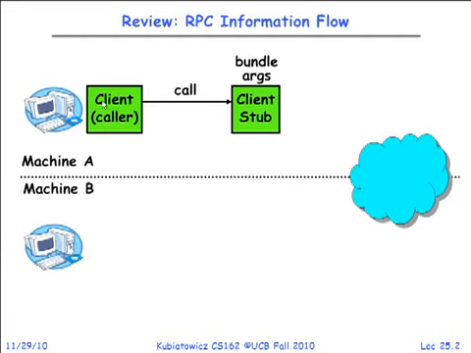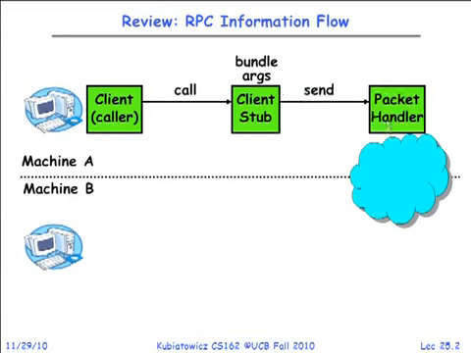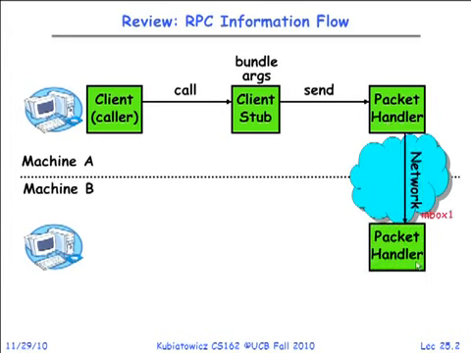And what that stub does is it takes all the arguments, turns them into a network-independent format, and serializes it into a message, which then goes to the lower layers, which send it across to a mailbox. And I have mailbox 1 here on machine B, which is the server machine.